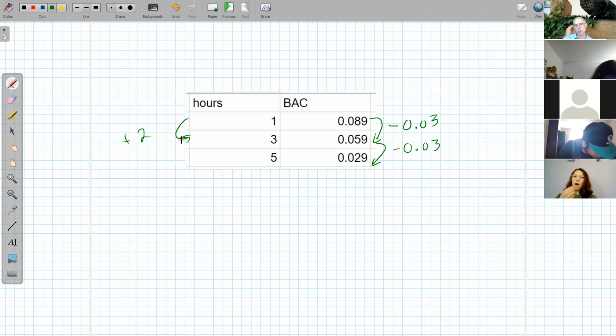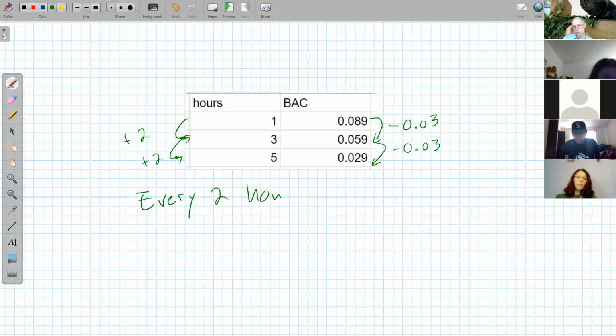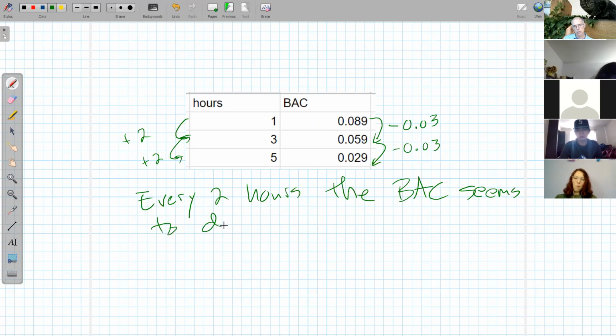So we had an addition of 2 hours that had gone by each time. So what this table shows me is that every 2 hours, the BAC seems to drop by 0.03. And technically that's a percentage, so I'm going to throw the percent symbol there to speak more accurately about it.